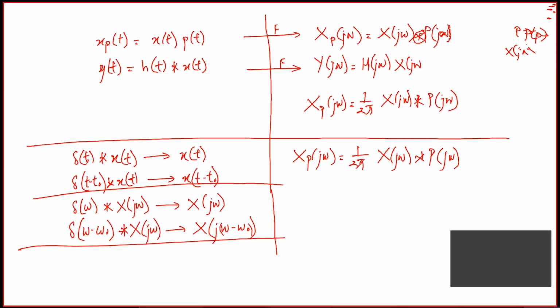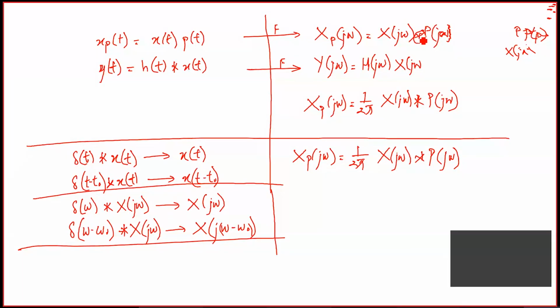The other aspect was that x_p(t) is basically a multiplication right here. Now if we take the Fourier transform of this product, it would be X_p(j omega) on the left-hand side. On the right-hand side, x(t) will become X(j omega) and p(t) will become P(j omega), and this multiplication ends up becoming what we call a convolution, scaled by 1 over 2 pi.